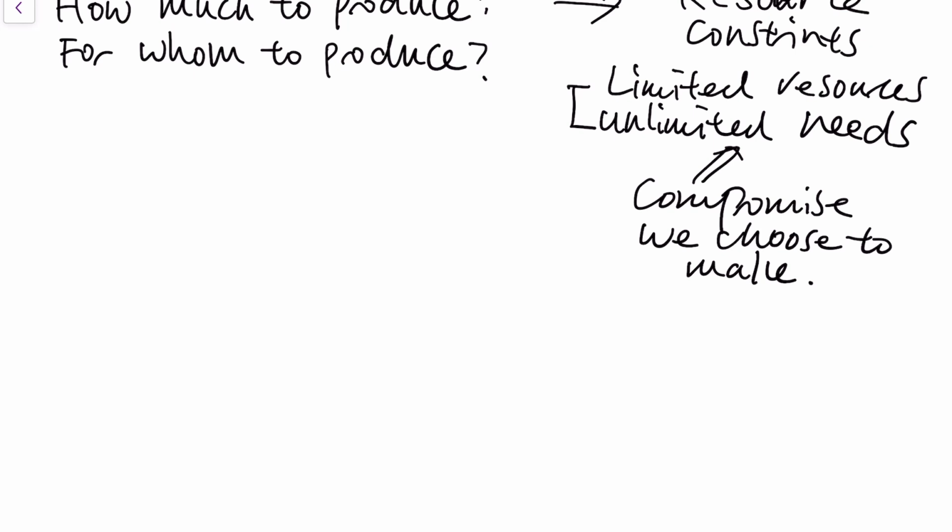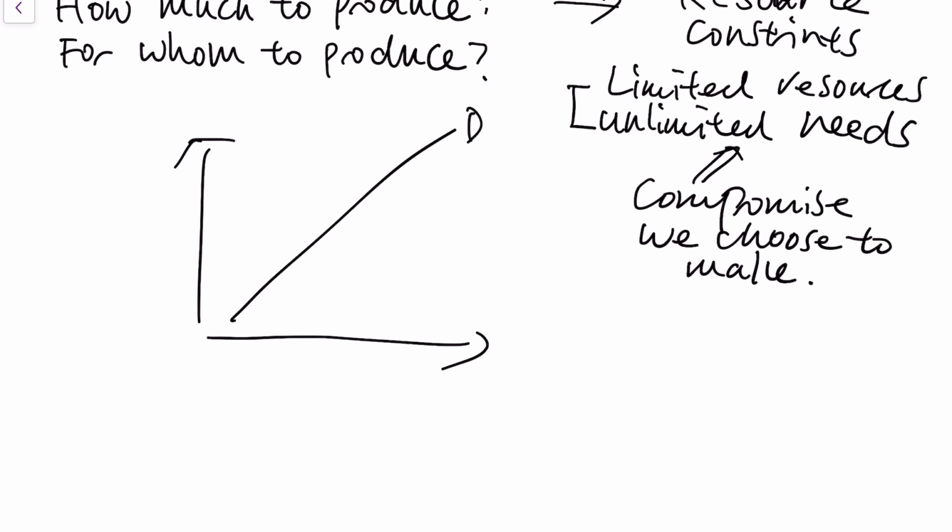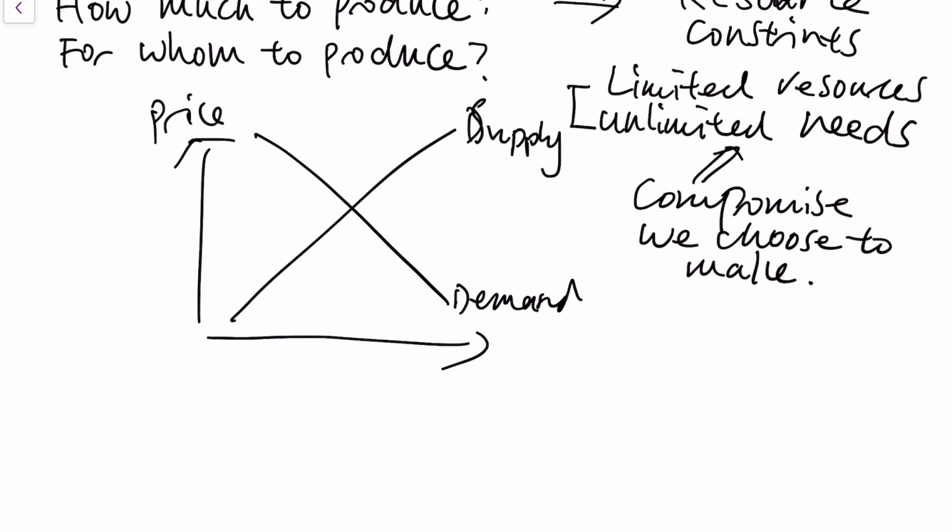So how does the market allocate resources? We will touch on this later. This is the demand curve, this is the supply curve. And if we look at it, this is price, this is quantity. For this part of the demand curve, we can see that those consumers want to pay a very high price for this particular product, so they will get access to this type of goods or services.